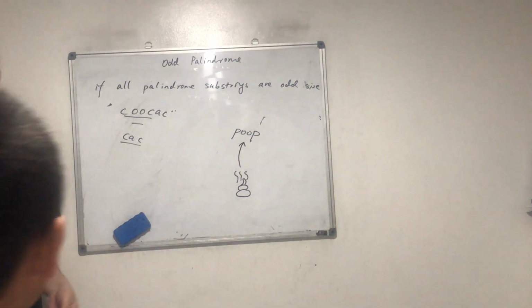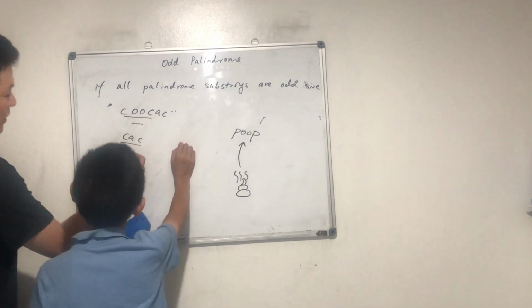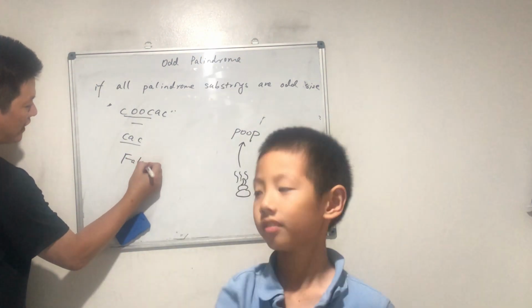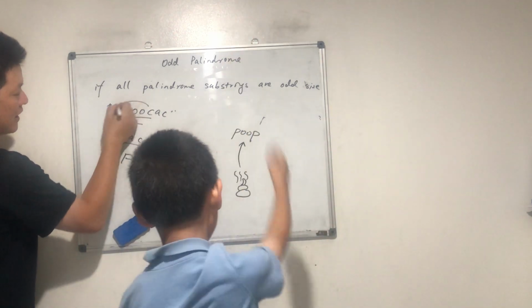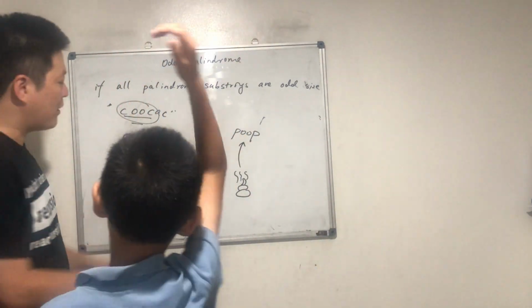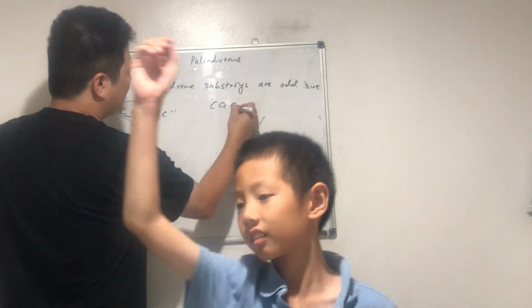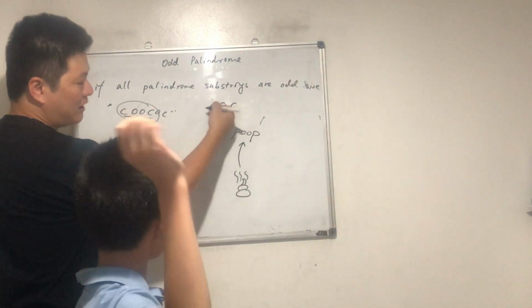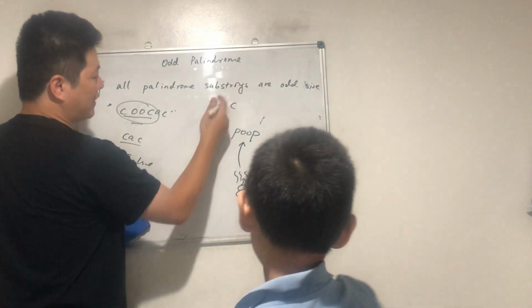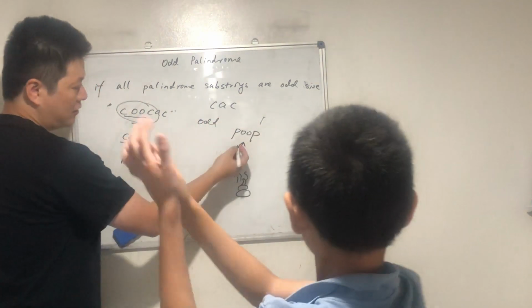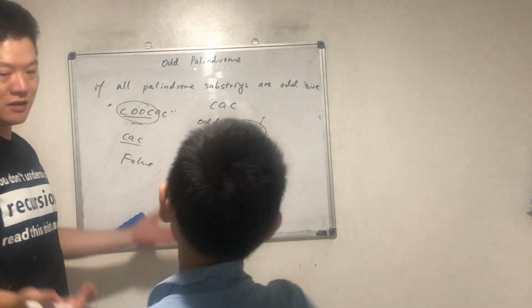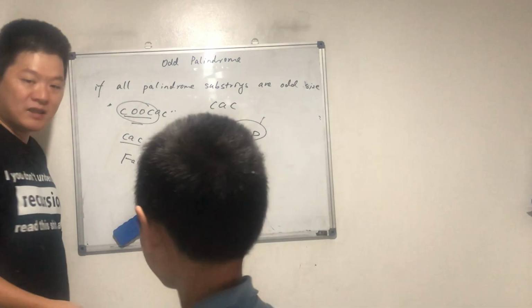Otherwise, we say true. So for this one we say false because we find that these are even size. But for CAC, we say true because all the palindrome substrings are odd size. This is even size, so it's false. Got it? Do I make myself clear?